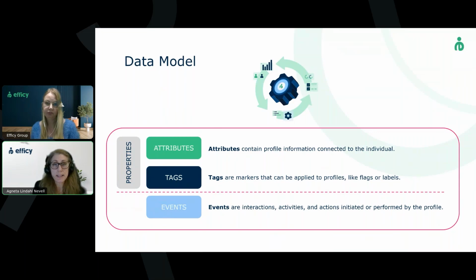Secondly, we have tags. Think of them as internal markers or labels that you can apply to your profiles, like flags to help you identify, segment, or trigger campaigns in a controlled way. As an example, if you have a trial flow, you put the trial user flag on the profiles signing up for the free trials.